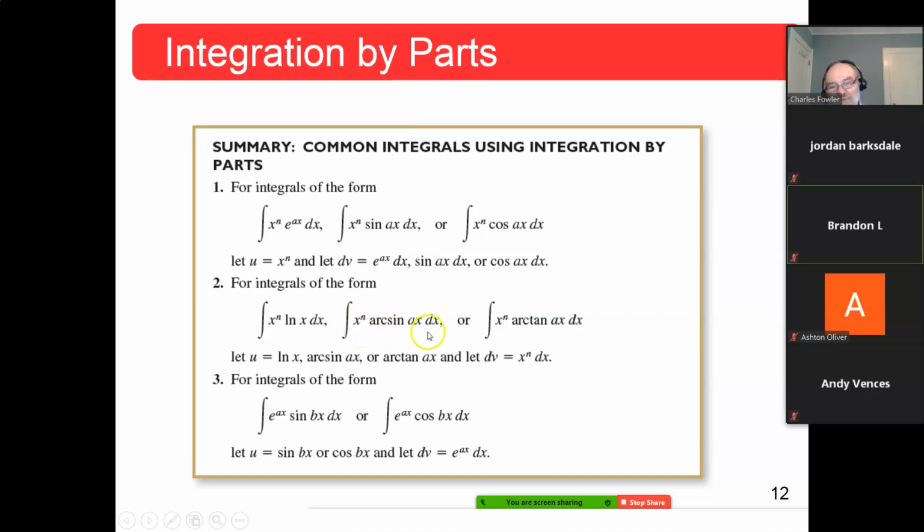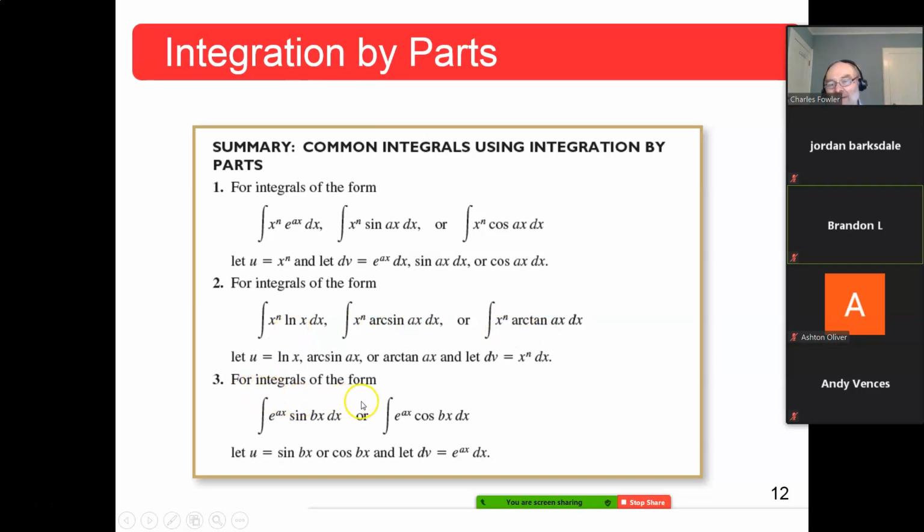I usually just look these up because those are such pains in the neck to do. So the arc sine and arc tangent, just like the log, let those be your u, and then go the other way on that one. Usually we won't run into these that often, but when you do, just remember it's just like the log.